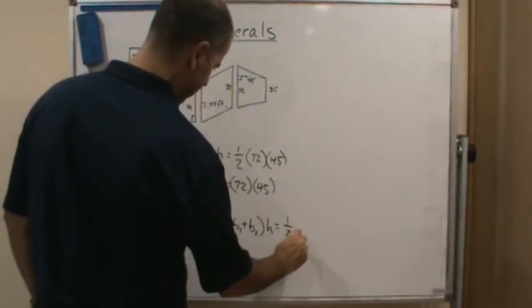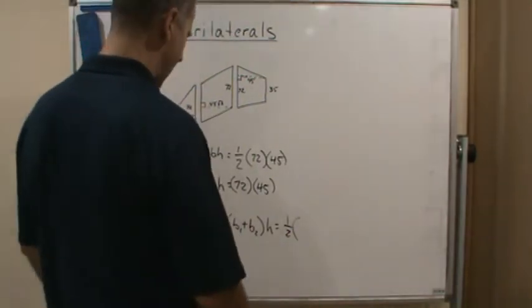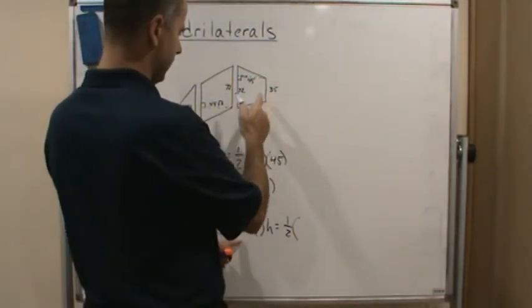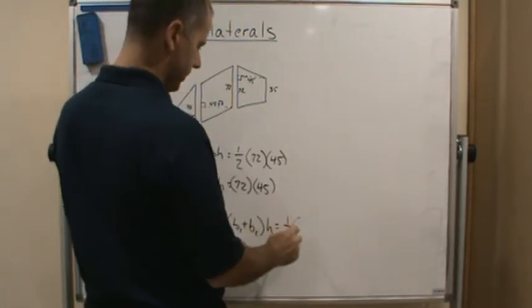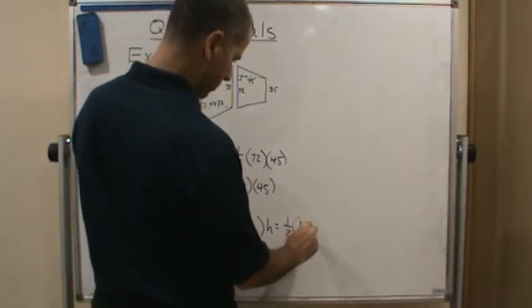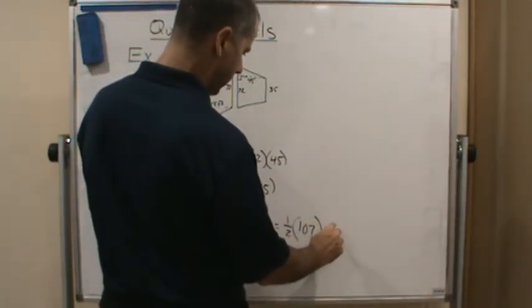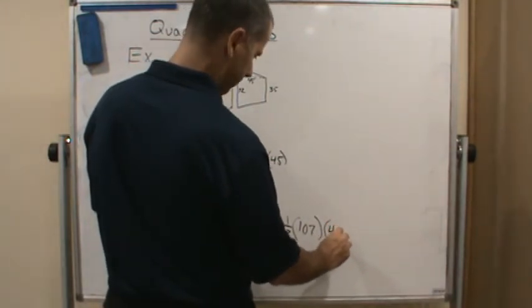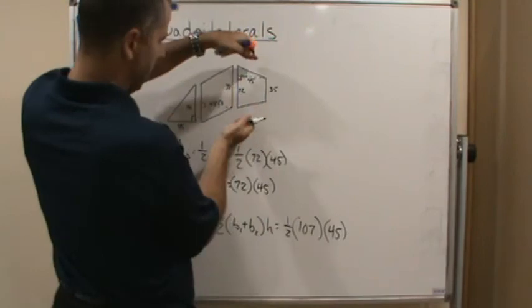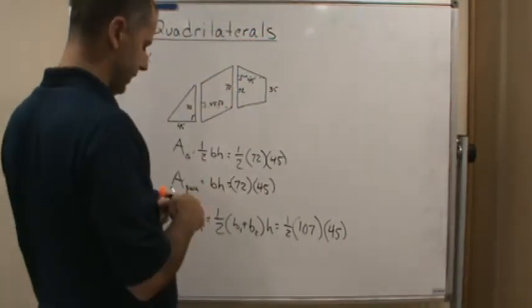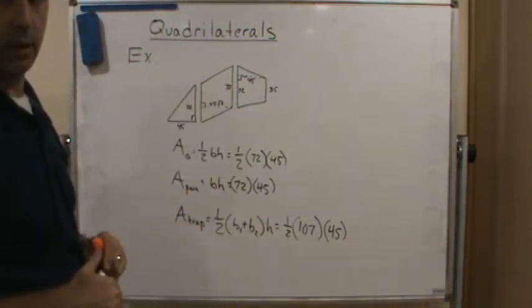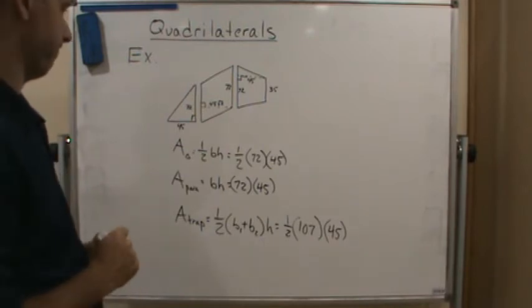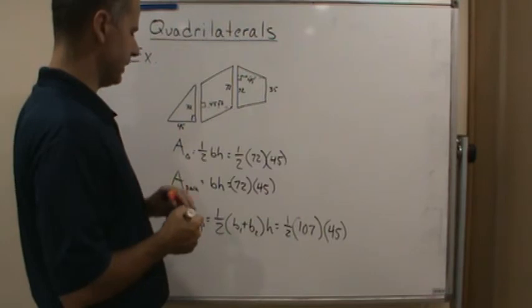In this case, it's going to be half of the bases, which is 107, so half of 107 times the height, which is 45. Again, you just have to mentally rotate it 90 degrees clockwise. Now all you have to do is stick this in your calculator.